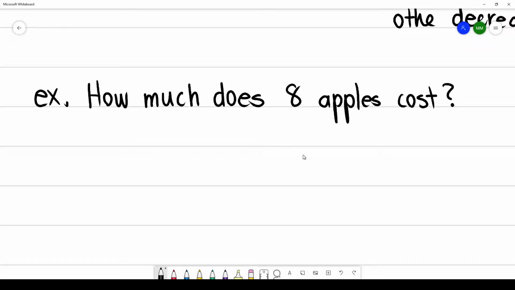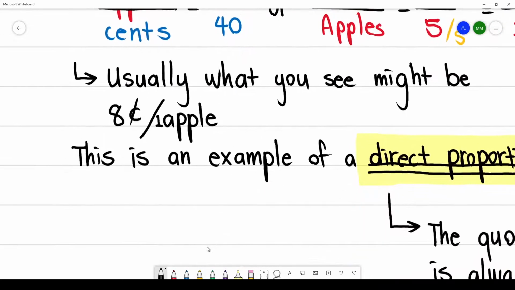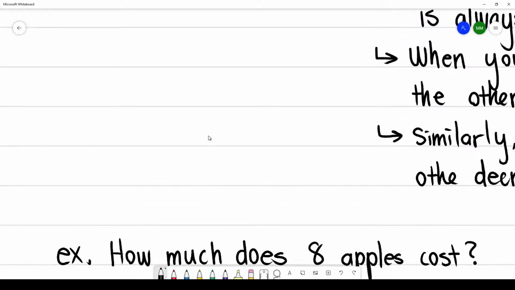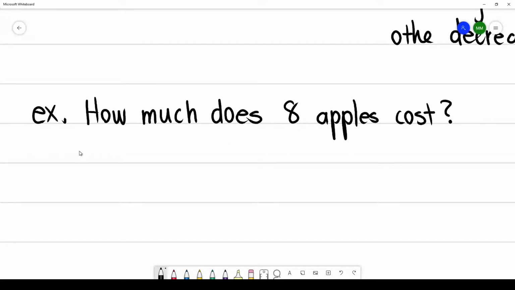Now, this is really simple, but I want you to take note of how I do it. Because this is a pretty nice number, 8 cents per one apple, that's pretty straightforward. But in later examples, it won't be that nice a number. So I want you to notice how I do it.